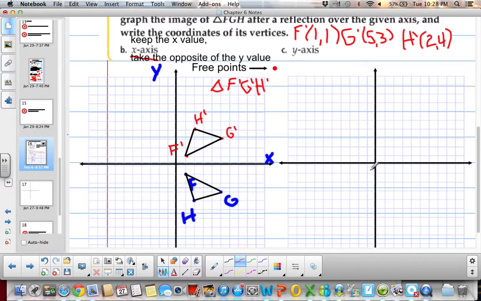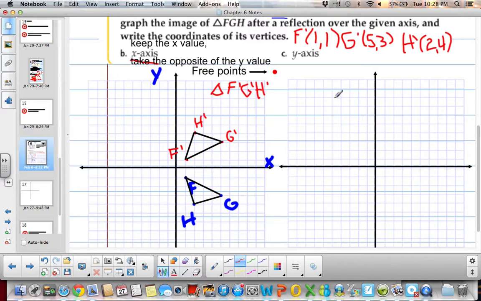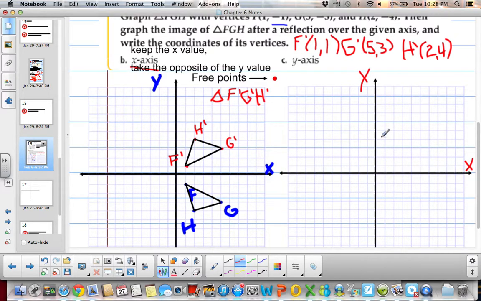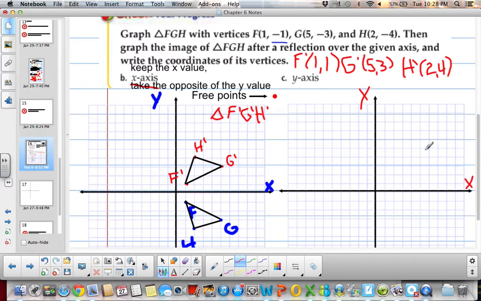Okay, so really quickly we'll do it over the y-axis. So here's our y, and here's our x. Okay, so triangle FGH, F is 1, -1, so over 1, -1, so I'm going to label it over here this time.